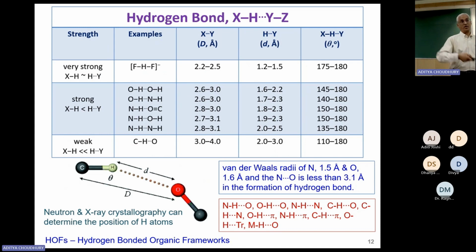We always do this for other reasons also. Whenever you analyze a crystal structure, you look at the interactions, even without hydrogen, sulfur. If the sulfur distance is less than the sum of the van der Waals radii, immediately you see that there's a new interaction, a sulfur interaction, right? So that's what you do here.